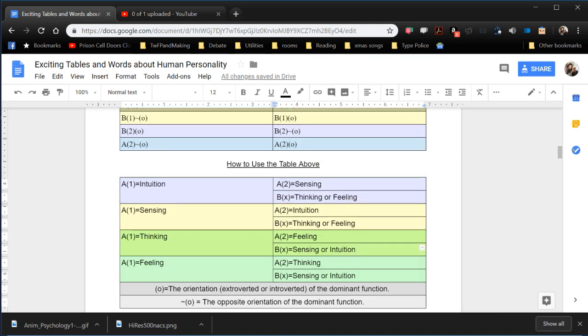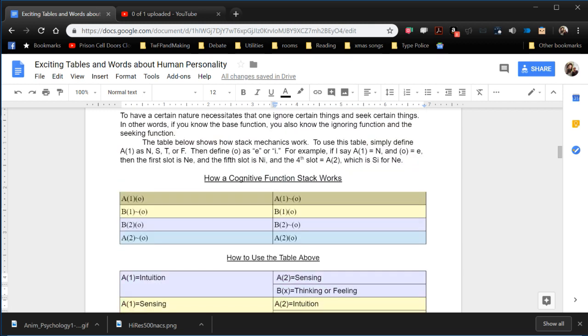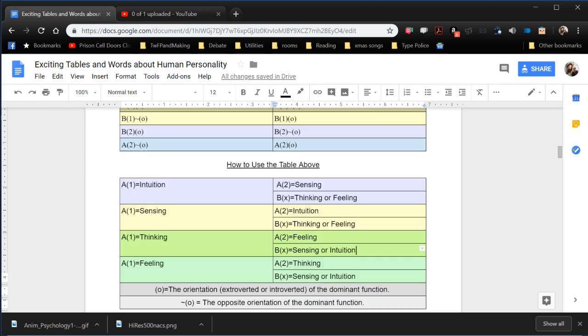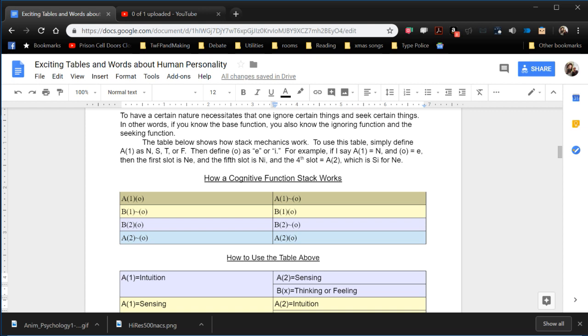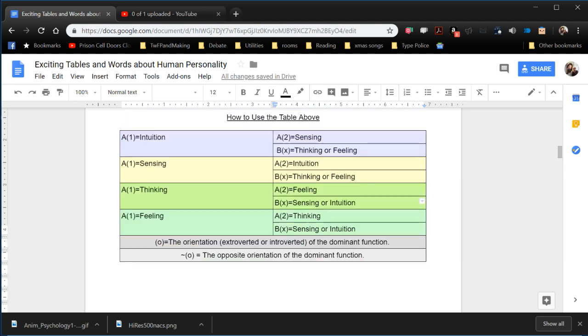So if you want to understand how mechanics work in terms of the math, so to speak, when you know the first one, you can know that, right? So similarly, it works with the B. If you know the second function, then you know that this will be the same orientation as this, but if B1, I guess I need to put that here.